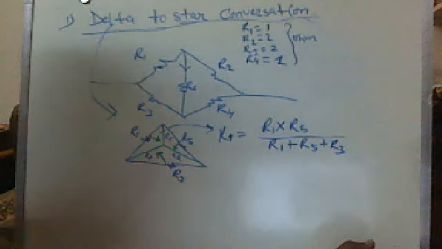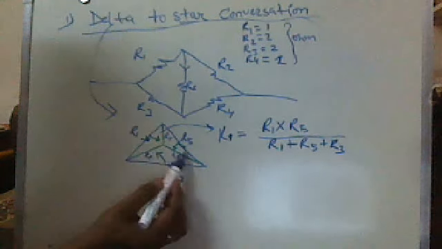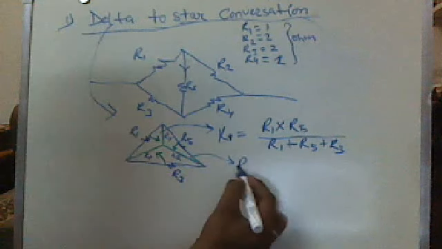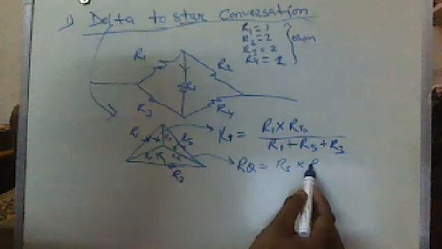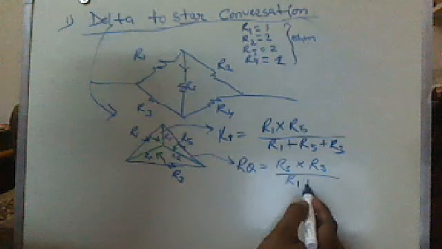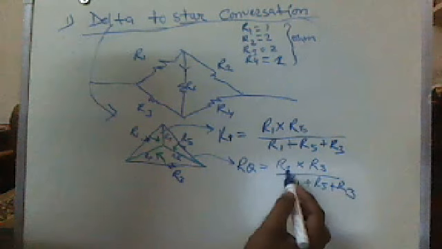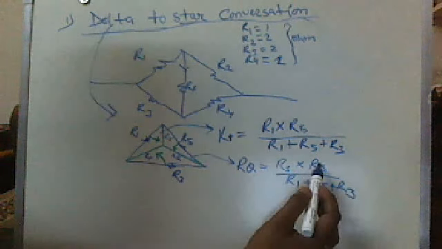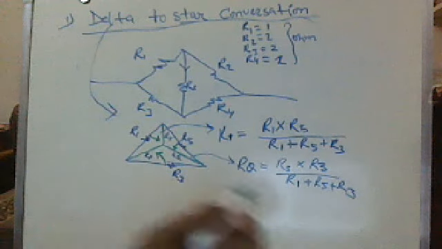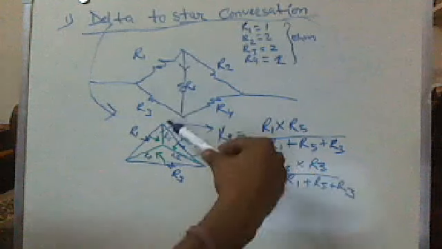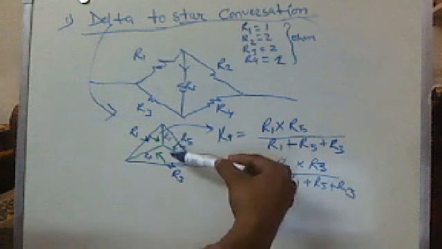Therefore this one, RQ, is equal to R5 multiplied with R3 upon R1 plus R5 plus R3. If we calculate this figure and this figure and this figure, it will help you to solve this numerical.